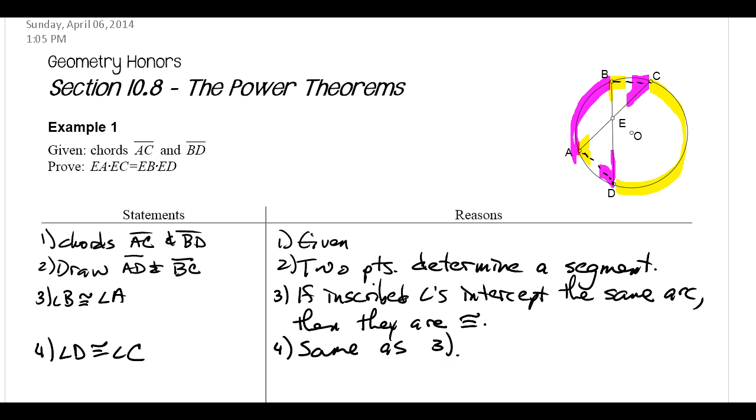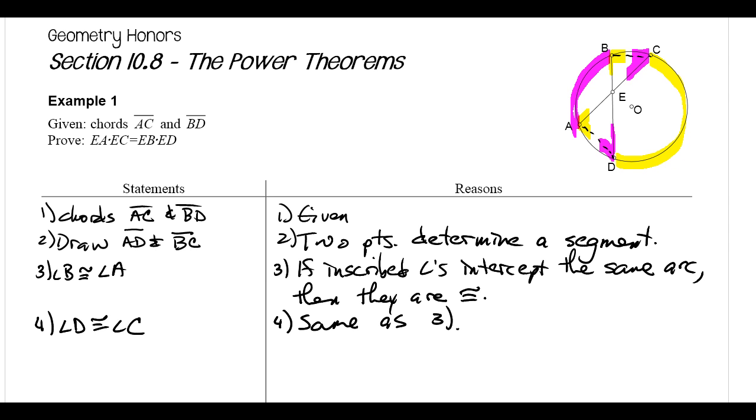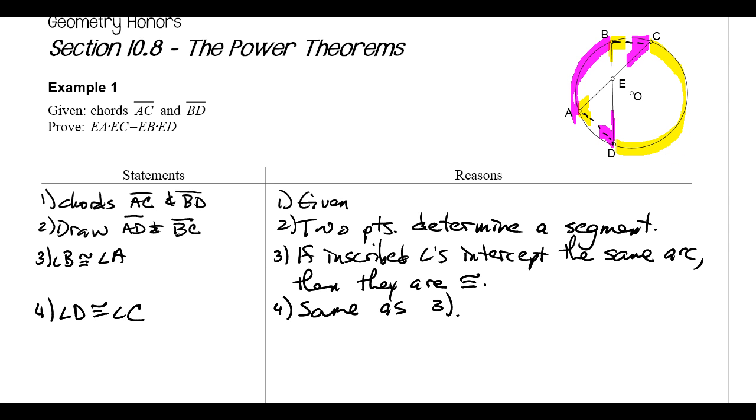And now that I have two pair of angles congruent in the triangles, I can say that the triangles are similar. So now I've got triangle ADE is similar to triangle BCE by angle-angle similarity, and the steps that we used were 3 and 4.